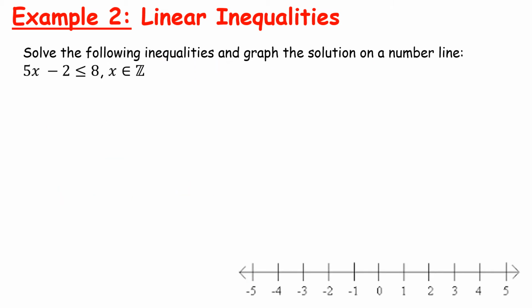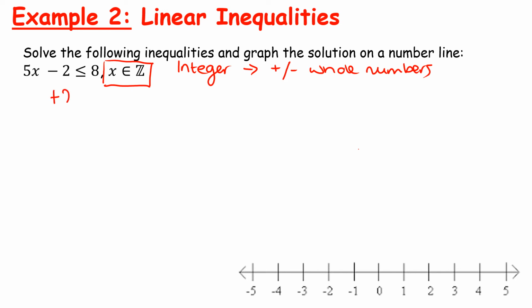So example 2. Here we're told that x is an element of Z. That means it's an integer. Remember, integers are positive and negative whole numbers. So we are not dealing with all numbers on the number line, we're only dealing with whole numbers. Again, I'm going to focus in on my inequality and I'm going to do vertical balancing.